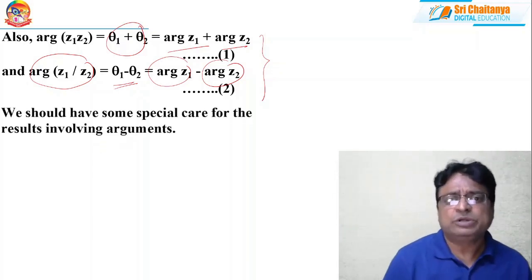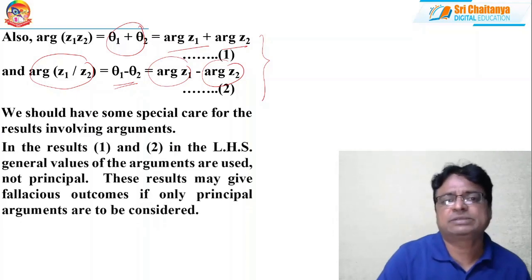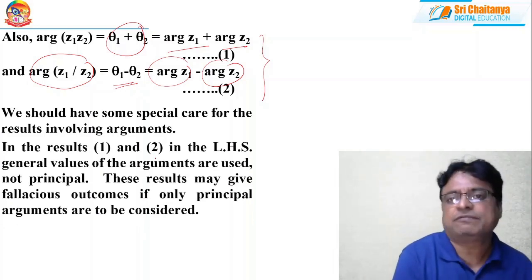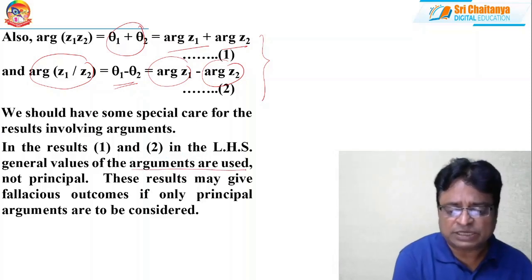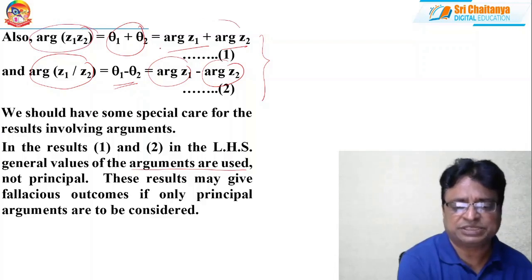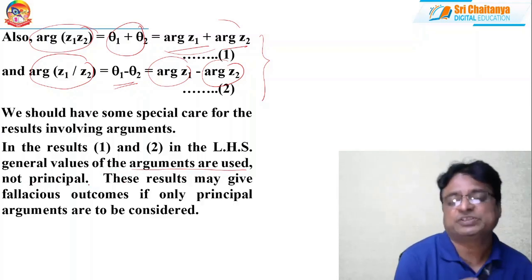So we should take special care with all results involving arguments. What are those special cases? In the results 1 and 2, in the LHS, the general values of the arguments are used, not principal.